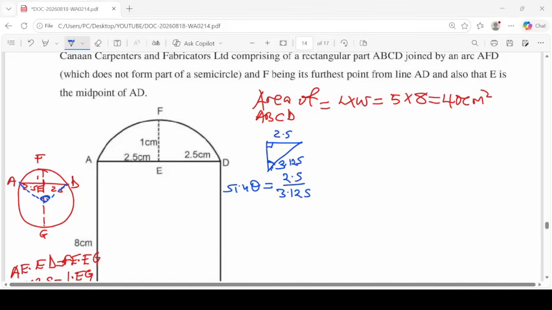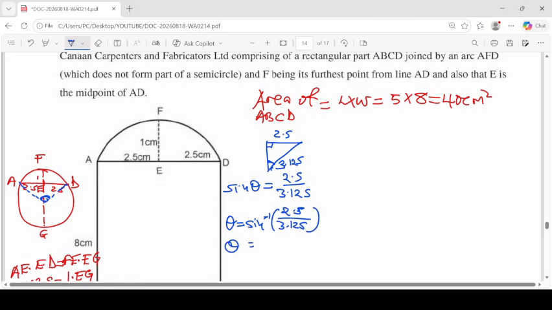Okay. So now to get my theta, I'm going to get the sine inverse of 2.5 over 3.125.